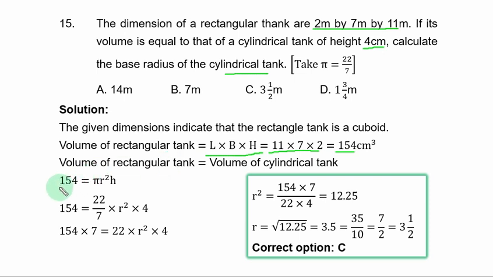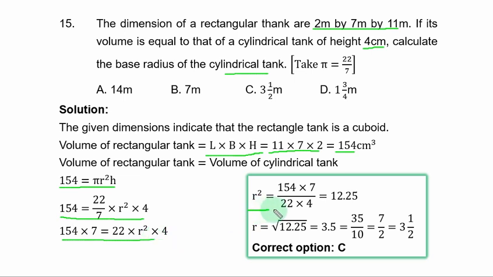So you have 154 equal to pi r squared h. So you replace pi and h with their respective values. You have it in this form. To clear fraction, multiply through by 7. You have this result. To get r squared, divide both sides by 22 times 4.